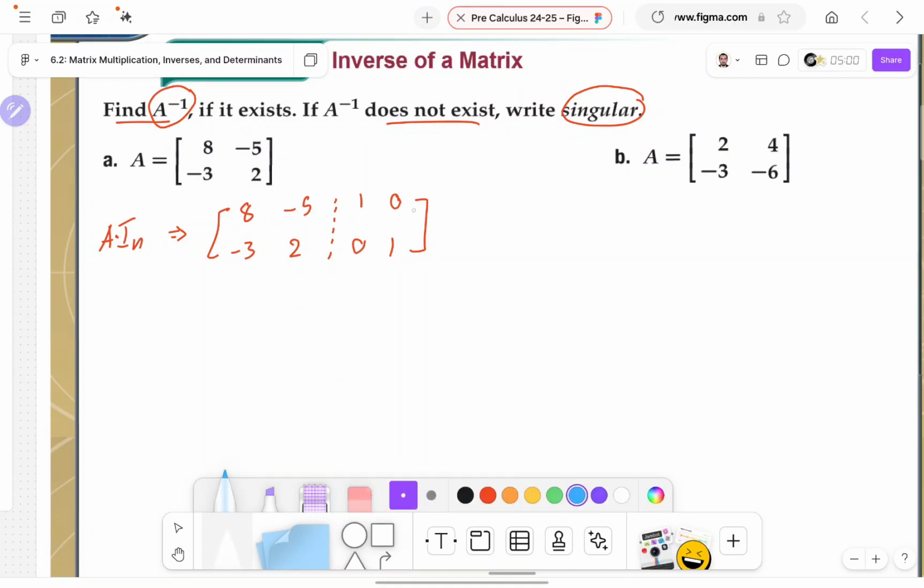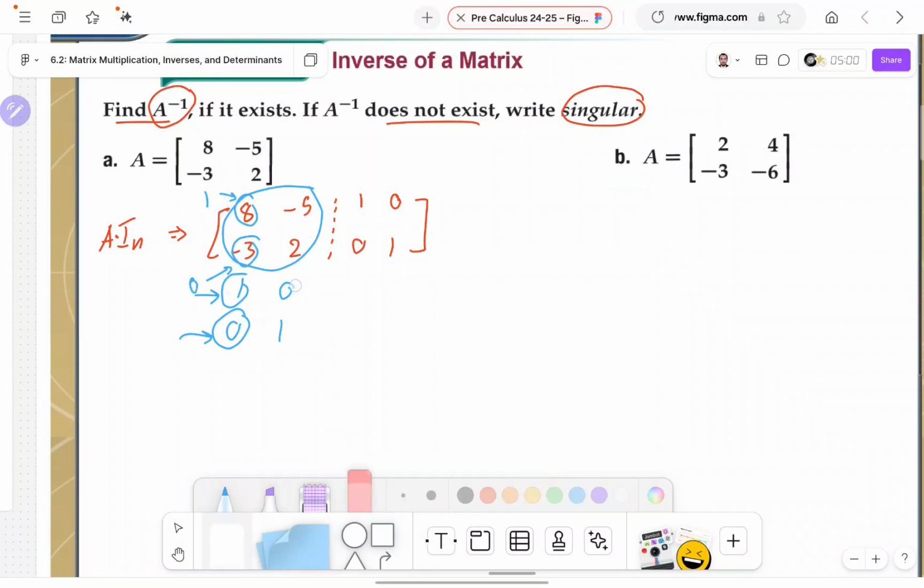Now I need to make this matrix 1 0 0 1, which means I need to make this value equal to 1, and I need to make this value equal to 0. So this one should be 1, and this one should be 0. Now let's do it together.